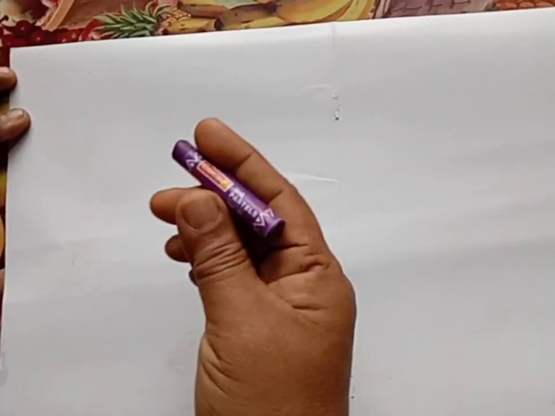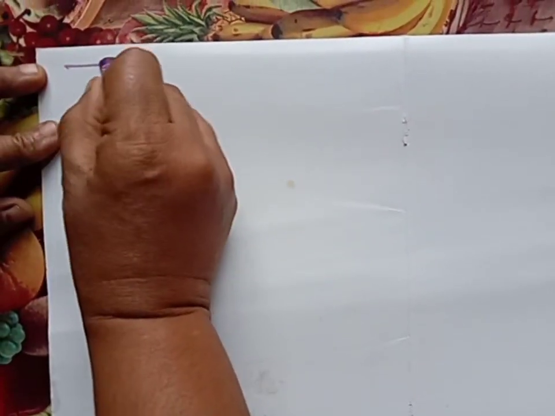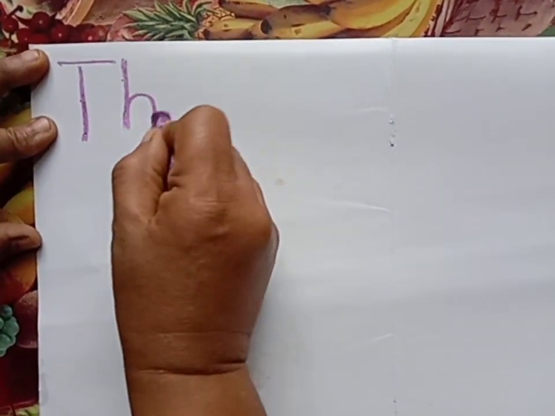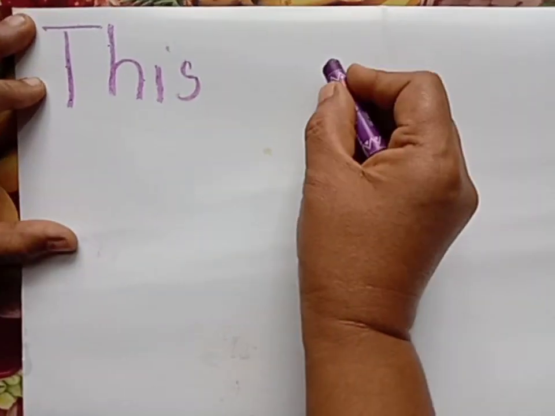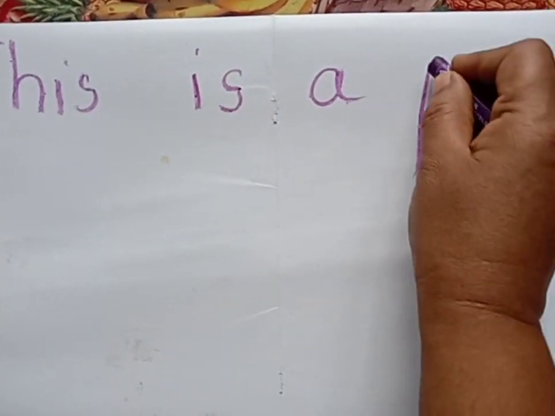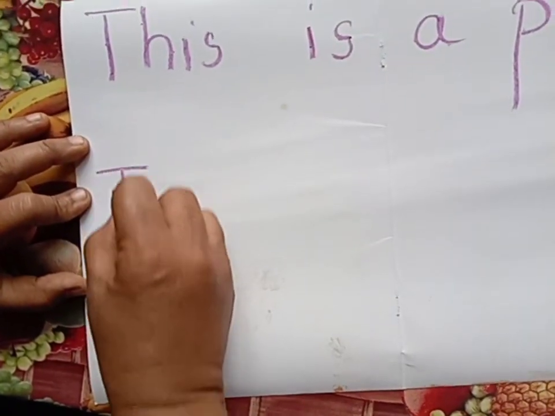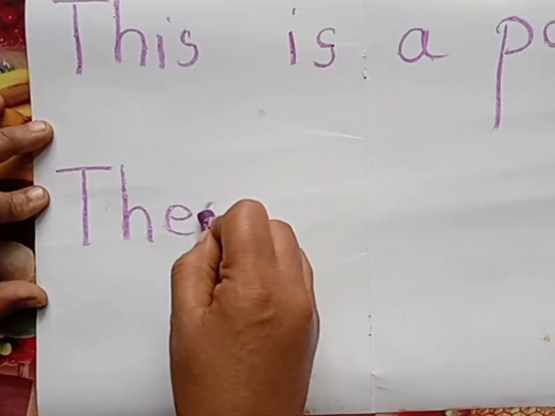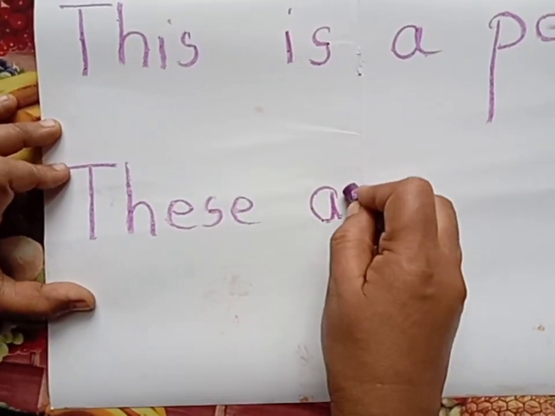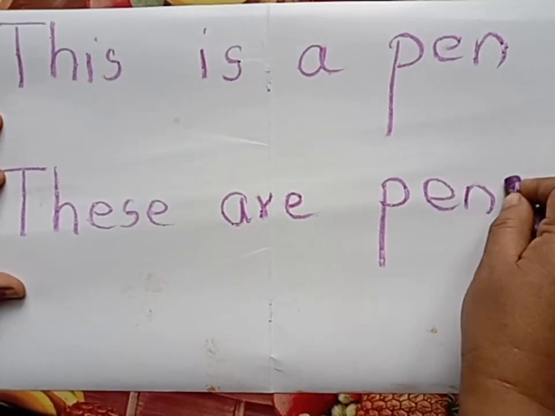Picture reading. How can we make a picture reading? See, T-H-I-S. This is a pen. These are pens.